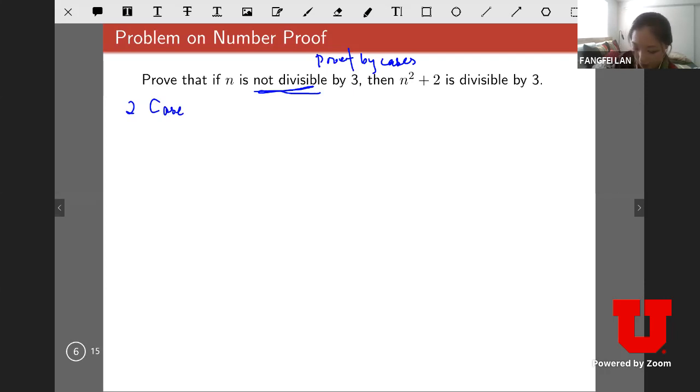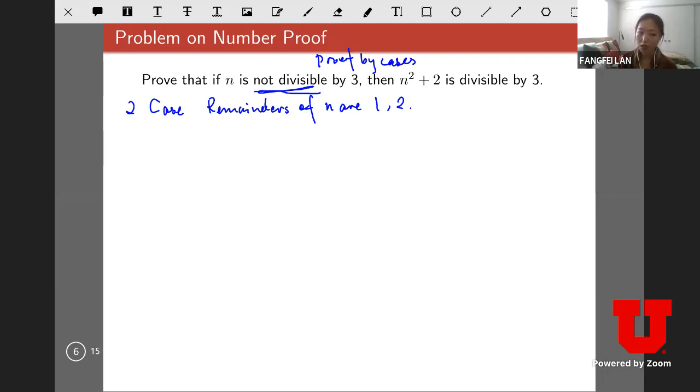The remainders of n are 1 or 2, because if the remainder is 0, that means 3 divides n, and that's not what we want.